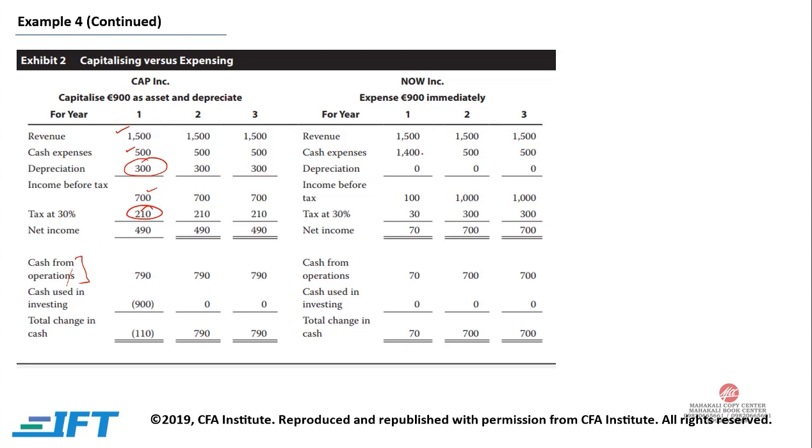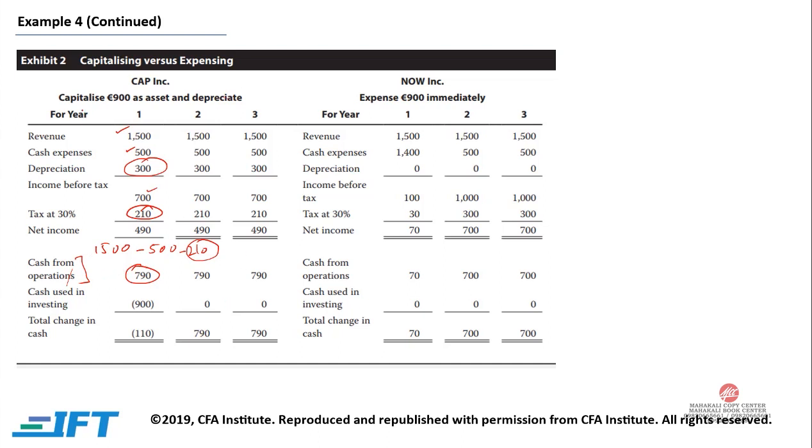Now cash flow from operation, this 790 is you are generating 1,500, you pay 500 as expense and you also pay minus 210 for your tax. This is your tax. So 1,500 minus 500 minus 210, what do we get? 790. This is your cash flow from operation.